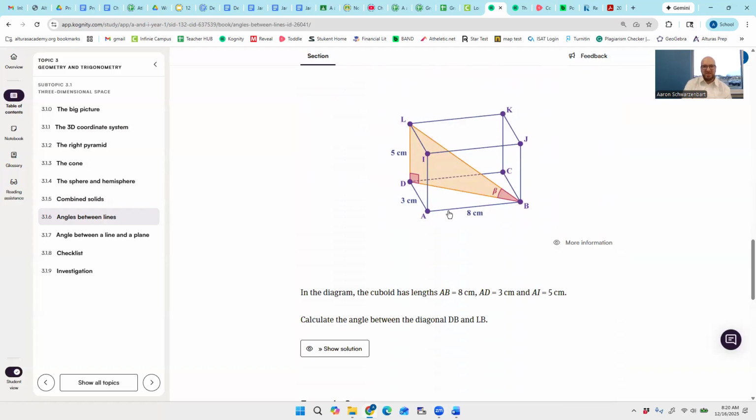So to do this, between DB and LB. So I'm finding that to be square root of 73.